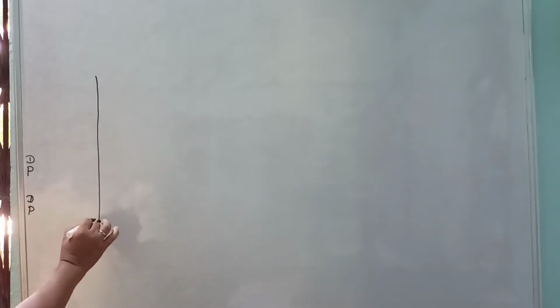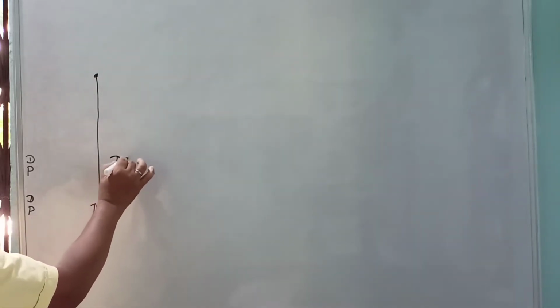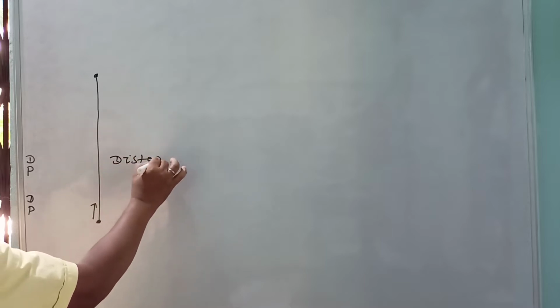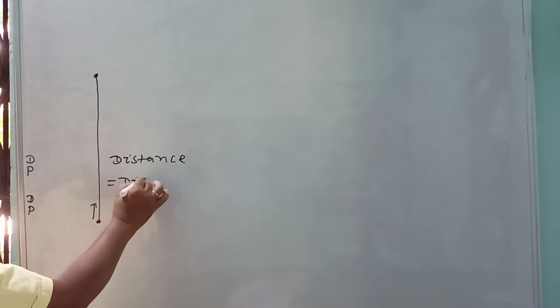Suppose a body is projected vertically upward. It reaches here. So here distance is equal to displacement.